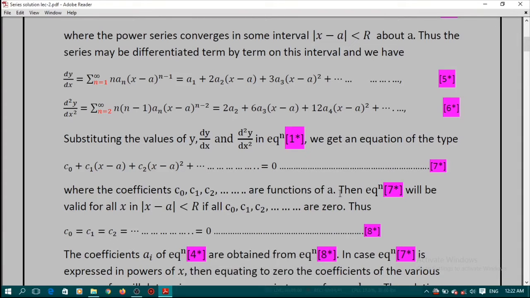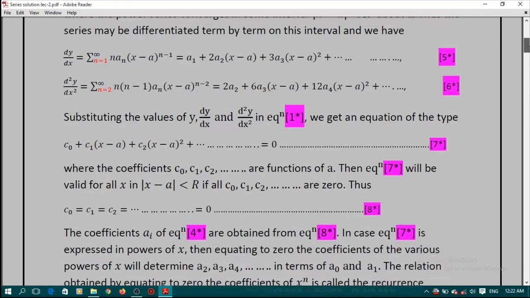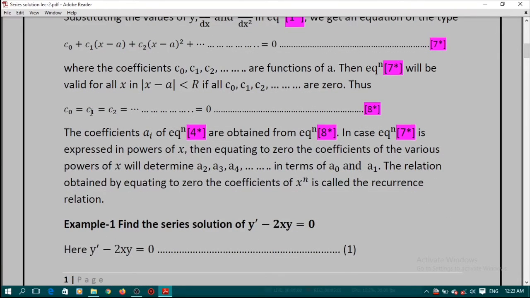are functions of a. The equation 7 will be valid for all x with modulus of x minus a less than capital R if all c0, c1, c2 and so on are zeros. So that means c0 equals c1 equals c2 equals so on, and that equals 0. This is equation number 8.